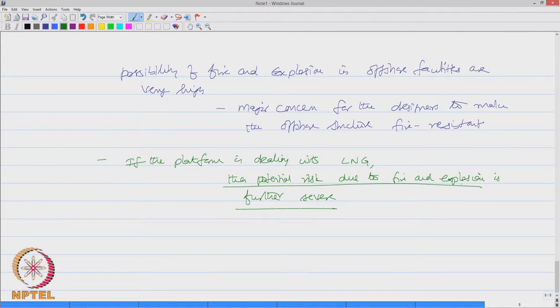That is a very important point. It is due to its physical and chemical conditions of LNG, which is different from other liquid hydrocarbons.